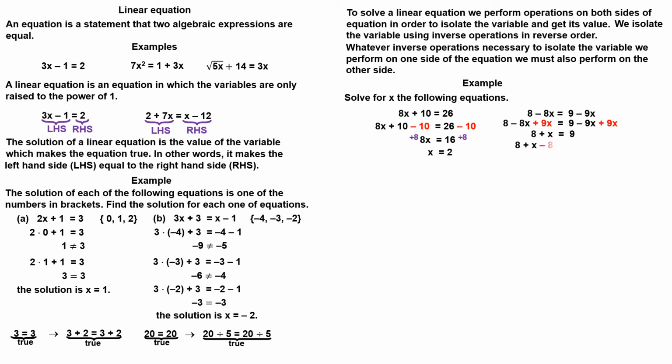The inverse operation of add 8 is subtract 8, so subtract 8 from both sides. The inverse operation of divided by 2 is multiplied by 2, so multiply both sides by 2 and simplify.